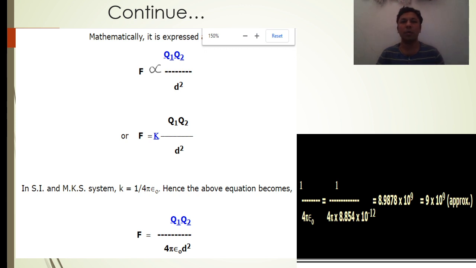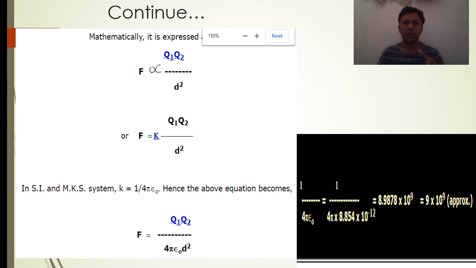Q1 and Q2 are the charges, which can be positive or negative, both the same or both different. D is the distance, so the force is inversely proportional to the square of the distance. If we remove the proportionality, the equation becomes F equals K Q1 Q2 divided by D square.